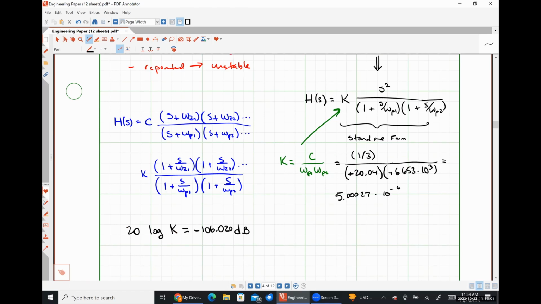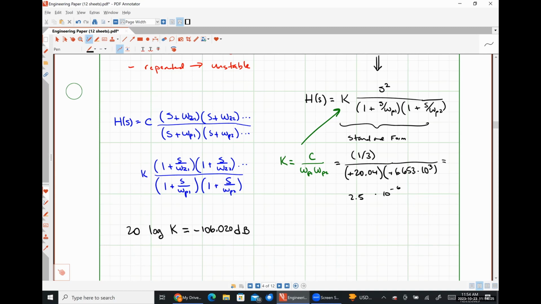1/3 divided by positive 20.04, 6.653. I genuinely, if you guys catch me making a mistake, please tell me. 2.5 shouldn't have been that hard to figure out. Times 10 to the minus 6.